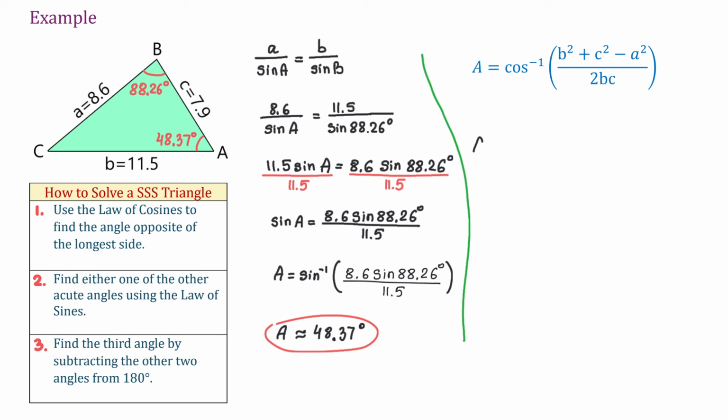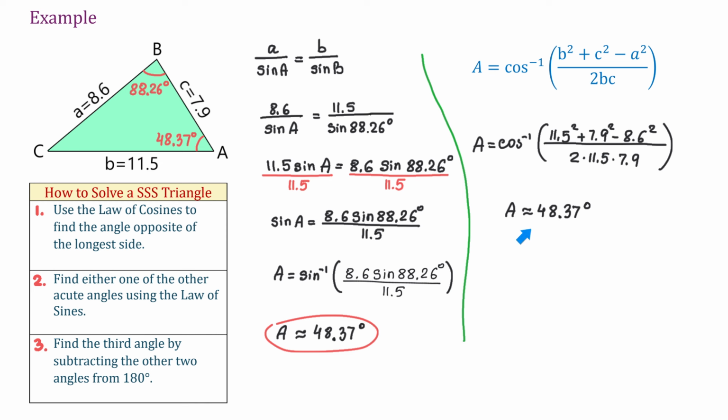If we use it, we will have A equals inverse cosine of 11.5 squared plus 7.9 squared minus 8.6 squared over 2 times 11.5 times 7.9. Then A is approximately 48.37 degrees. So we got the same answer, and now let's move to step 3.